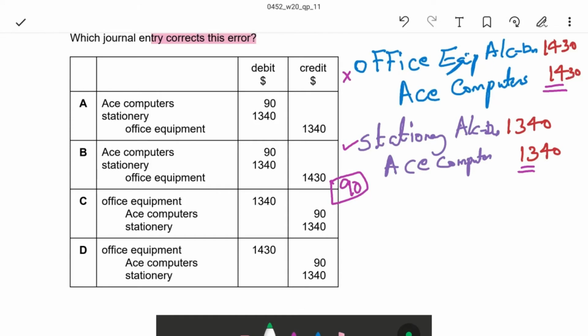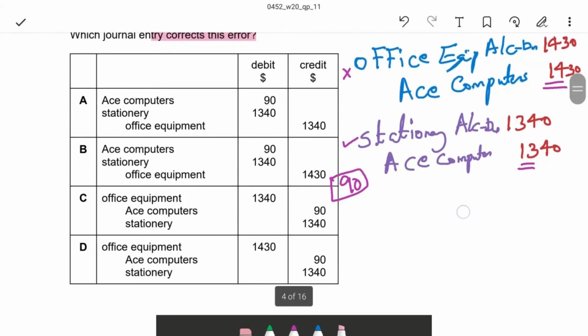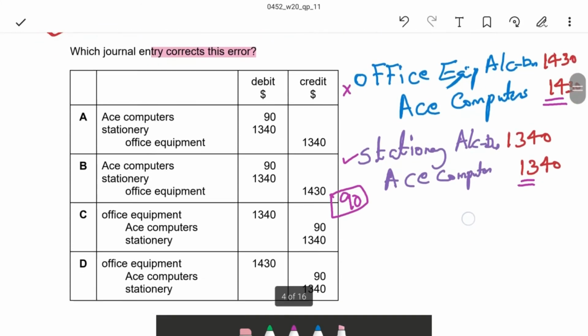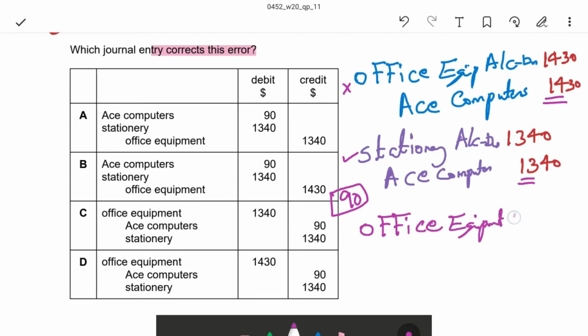Office equipment was not entered in the question. Now we are entering office equipment 1,430, office equipment account debit.